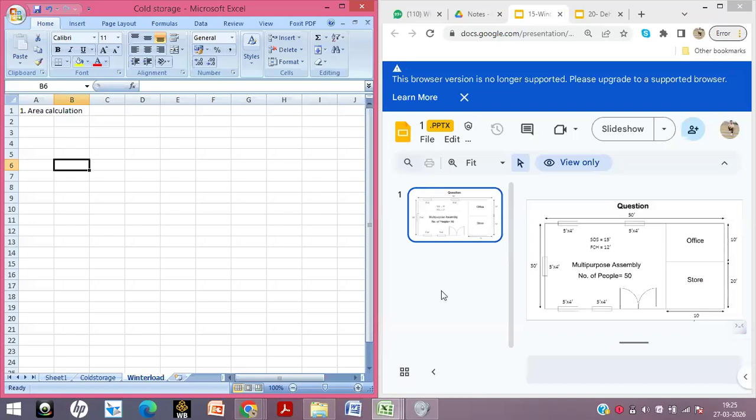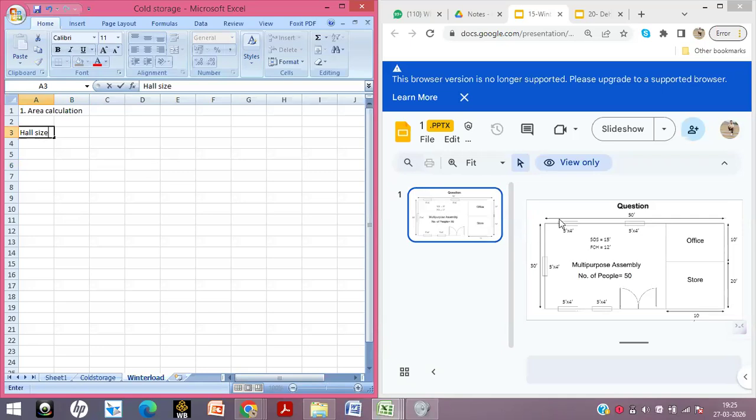We'll calculate the hall size. So what about the hall size completely? That we'll see now. Calculate hall size.